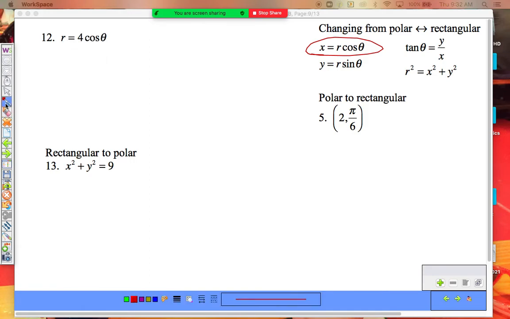What can I do? How can I make it work? How can I manipulate that so I end up with that in my equation somewhere? Well, help me out at home too. And don't think too hard. I need to end up with an R cosine theta somewhere in that equation.